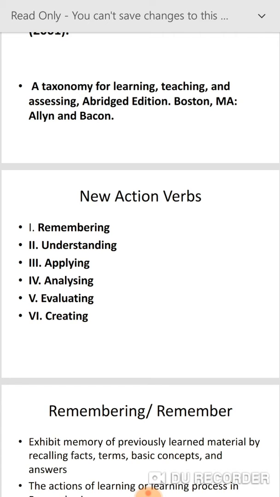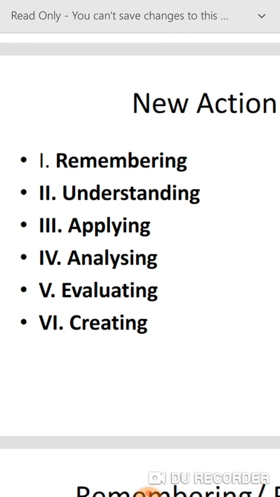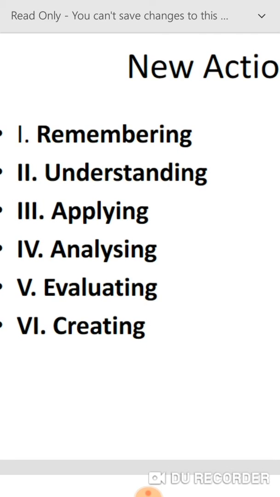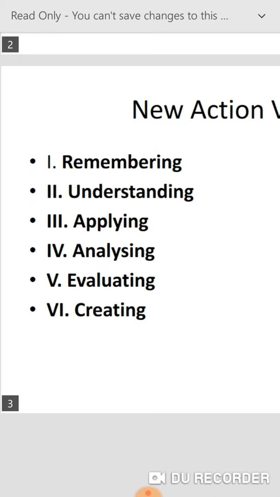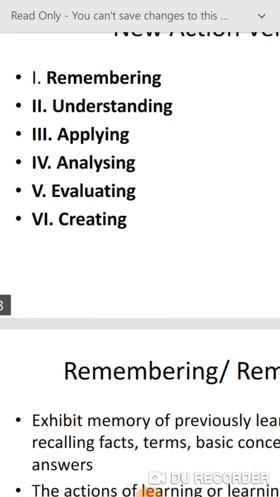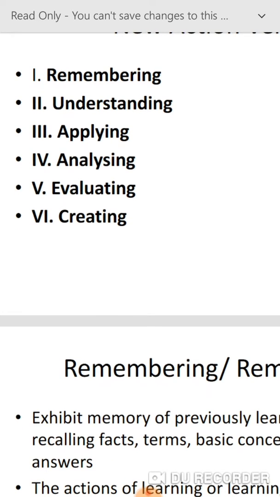Then applying, analysis, evaluating, creating. This can also be called remember, understand, apply, analyze, evaluate, and create. So this is the major change that occurred in the revised Bloom's taxonomy. Then we can go through each one. What is remembering mean? What is understanding mean?